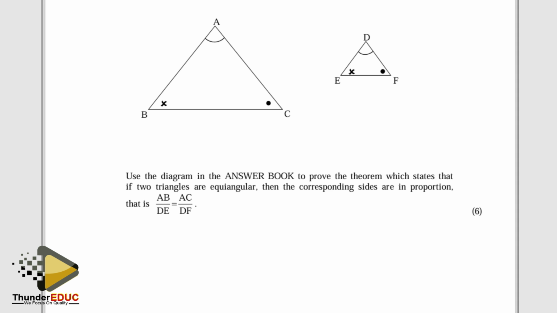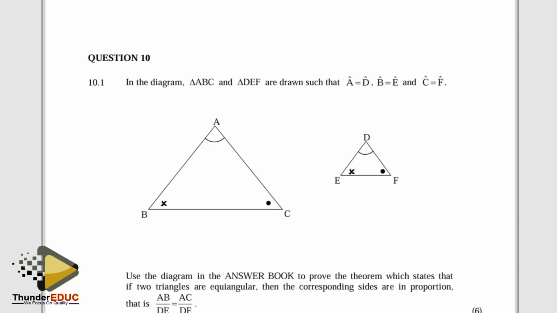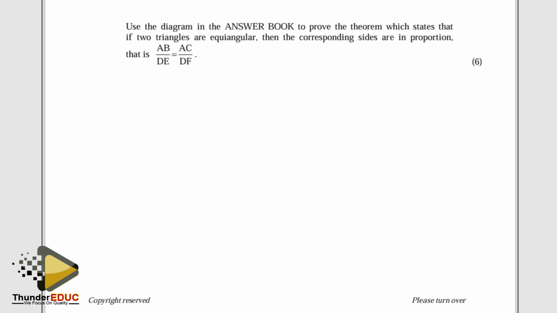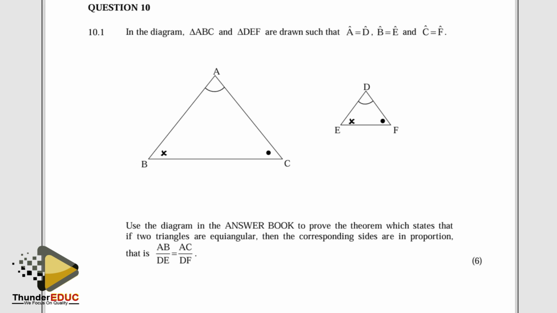Then question number 10, we are given the diagram ABC and DEF such that those angles are the same. Then they ask us, in the diagram in the answer book, can we prove the theorem? Whenever they ask you to prove, especially this theorem, you are expected to do some bit of construction.